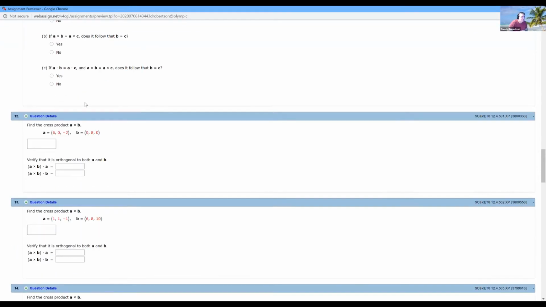Now, if A cross B is the same thing as A cross C, does it follow? Now, in a way, you're just maybe semi-guessing here, and that's fine. What do you think? Well, now I want to say no. Kind of no. I think it's kind of still the same thing as the dot product, because it's not necessarily a straight order of operations.